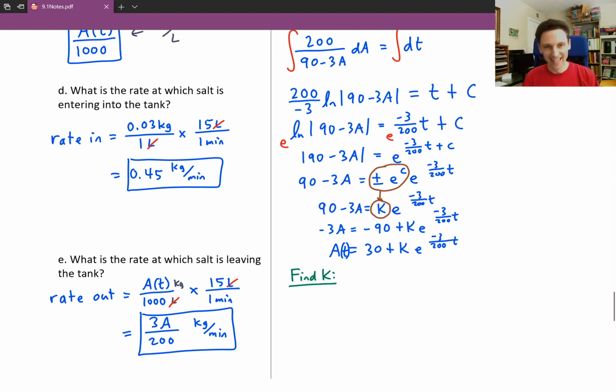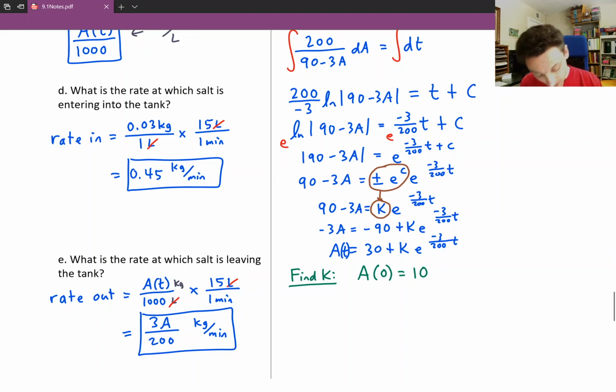All right. We're going to find k by knowing that the initial amount of salt in the tank is 10 kilograms. It's erasing as I go. Boy, this is fun.